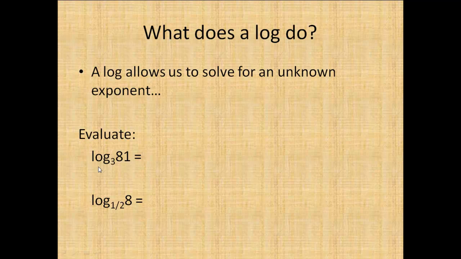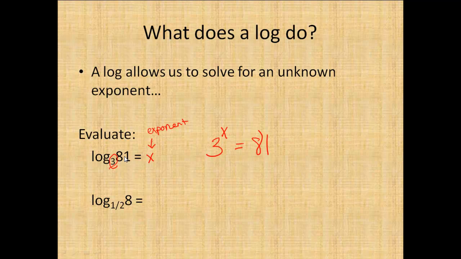So now if we were asked to evaluate log base 3 of 81, the first thing you would want to do for now is rewrite it as an exponent so you can get a more comfortable feeling of what it's asking. So here is our base, and I'm going to set it equal to x because it's equal to some unknown power. Well, remember, this is our exponent over here. So we have to take our base, which is 3, raise it to our exponent, and that's going to equal 81 for us.